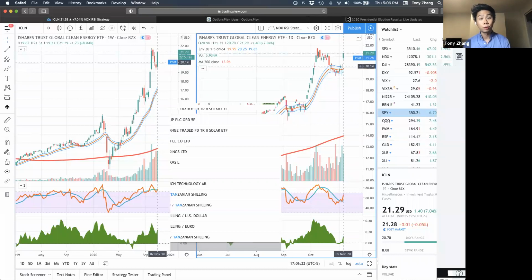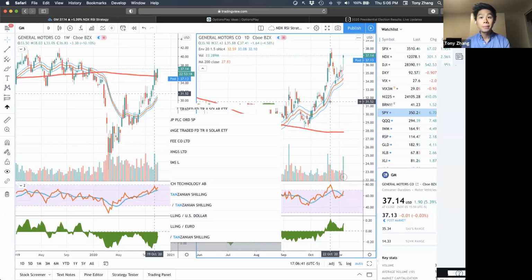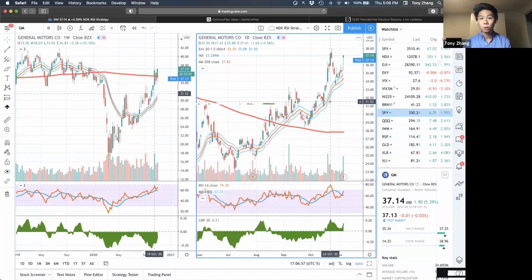If you're looking at electric vehicles, Tesla is an obvious choice, but the less obvious choice, and one that I've been talking about for the last couple of months, has been GM. They're restructuring lately and downsizing their company, which I think is good from a financial perspective. Of the U.S. manufacturers, in my opinion, they have the best portfolio from an electric vehicle perspective: 14 electric vehicles between now and 2024.